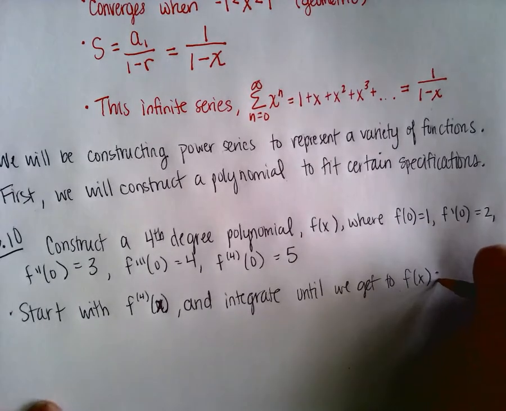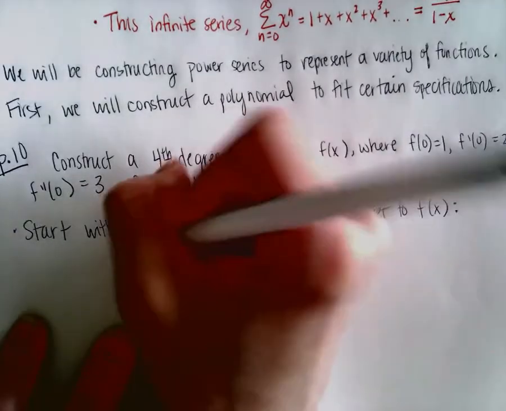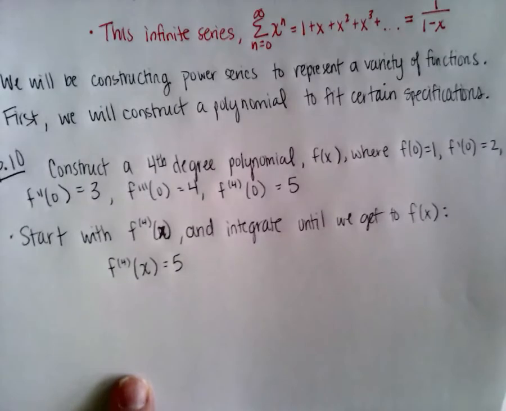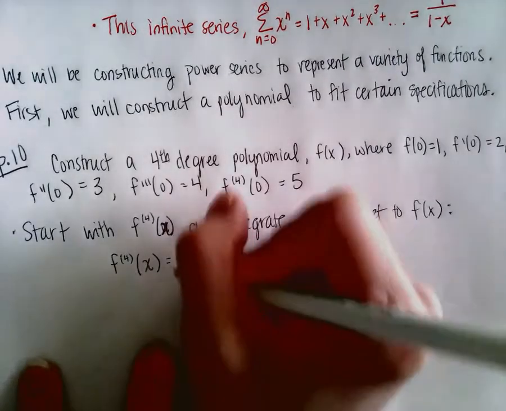Let's get my paper up. So I know the 4th derivative at 0 is 5. So we're just going to say that that's our 4th derivative, because we don't know anything else about the 4th derivative. That's all we know. So that's our starting point.